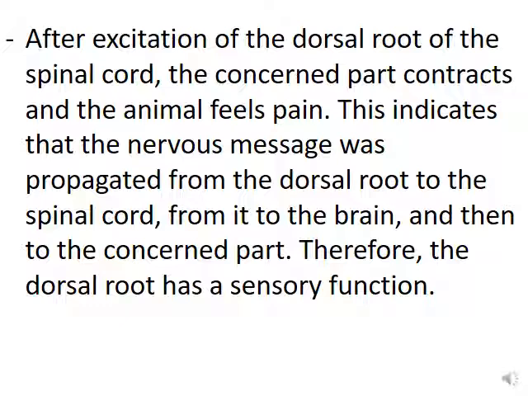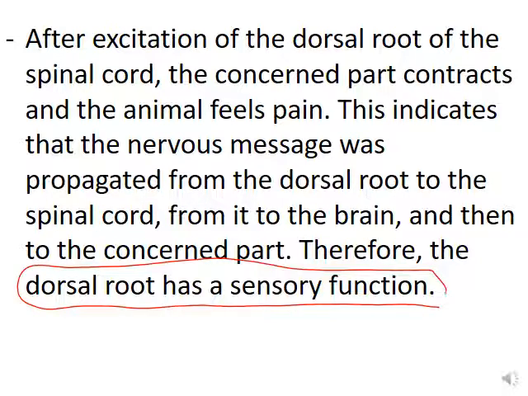What does this indicate? This indicates that the nervous message was propagated from the dorsal root to the spinal cord, and from it to the brain, and then to the concerned part, the muscle. Therefore, the dorsal root has a sensory function, while the ventral root has a motor function.